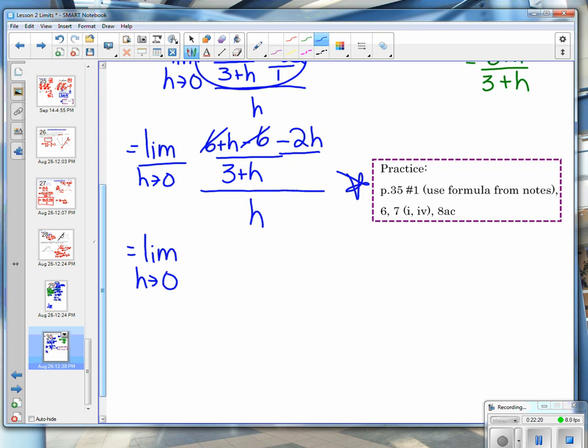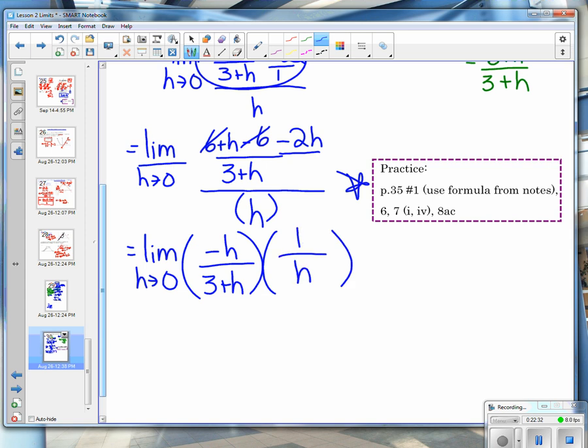I've got h minus 2h, which is negative h, over 3 plus h. And remember what I was saying, guys? This guy here, we can just move over to the side, and it's just going to be times 1 over h. So for those of you, if you're getting a little bit lost, this became this, and this is now this.